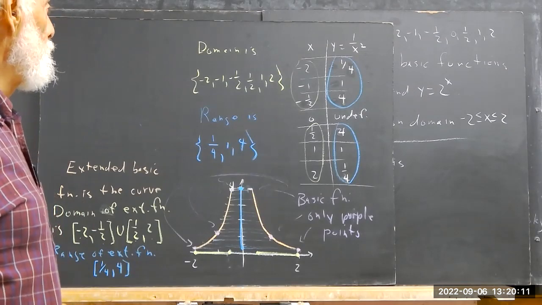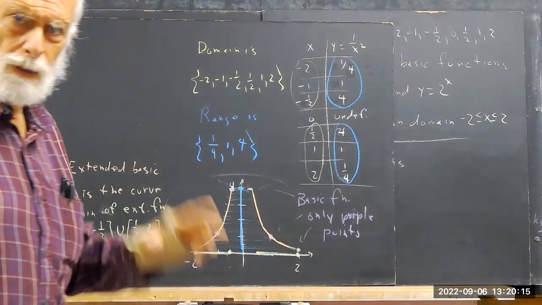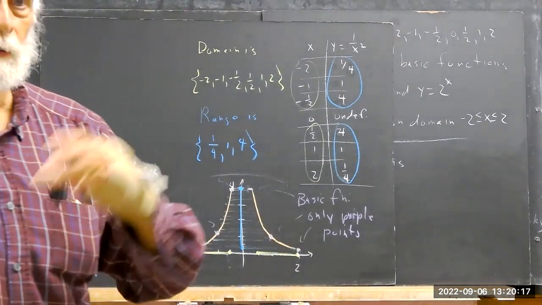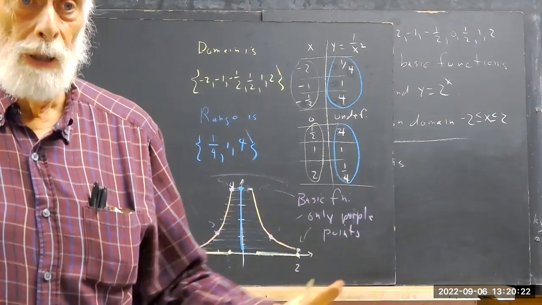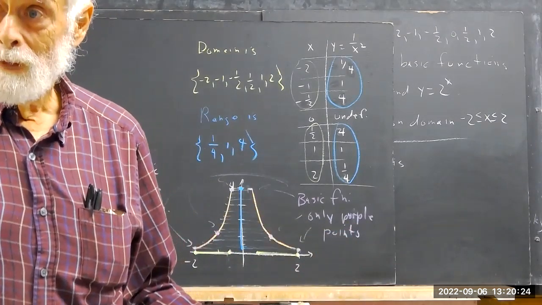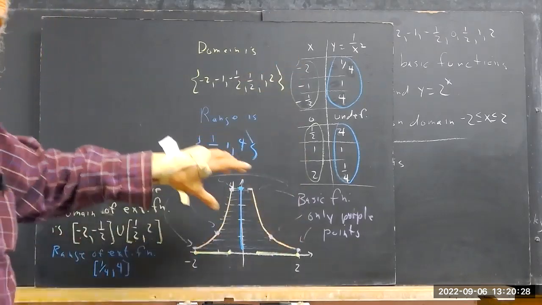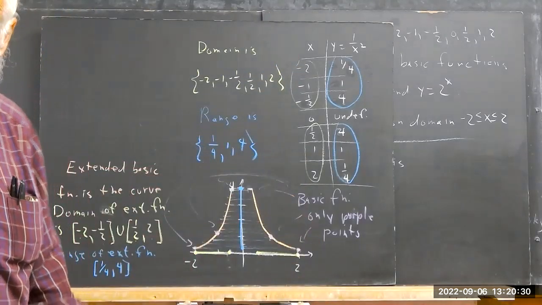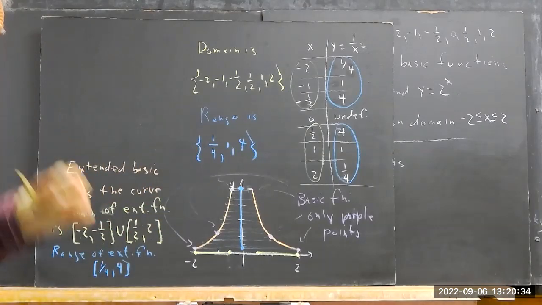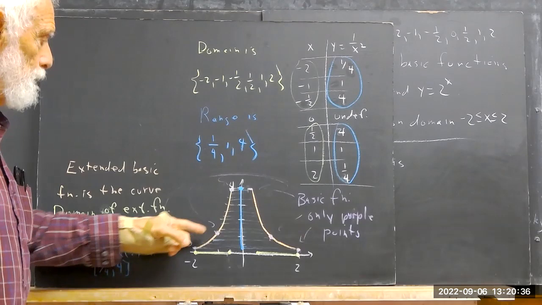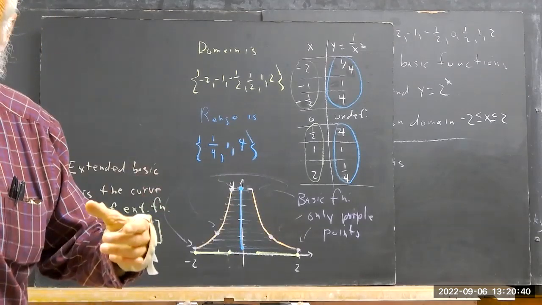The domain and range of the extended function, if I ask for that, I'll explain what I mean by that. You have to know that terminology. And it's not a standard terminology in mathematics. But I kind of like the way it works because you understand these functions, you understand the graphs, and it gives us a handle on the difference between a set of points, which will have a domain and range that's discrete.